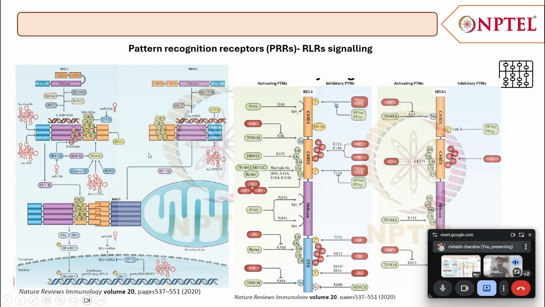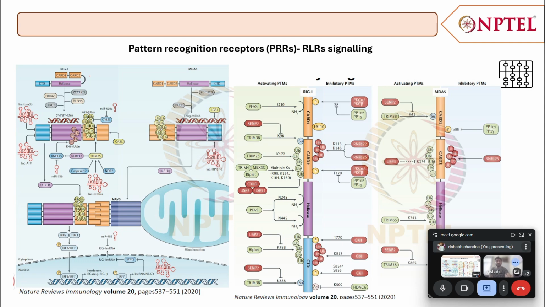Now, moving on to the signaling in a bit more depth. There are certain microRNAs or non-coding RNAs that actually regulate this signaling. What happens is, this is basically RIG1 and MDA5, and there are certain modifications that regulate this signaling.